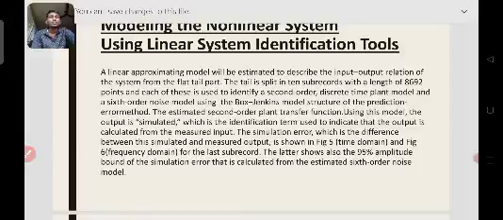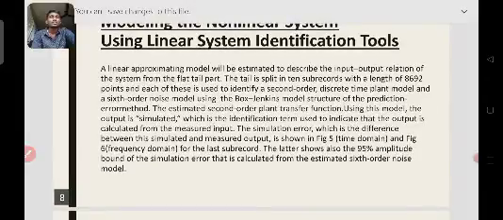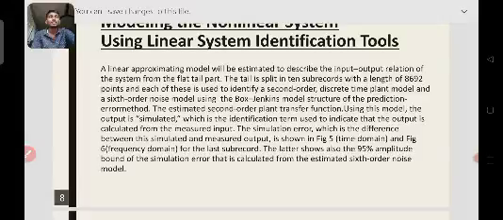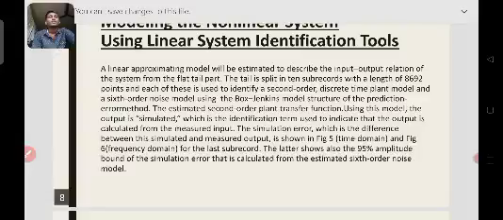The estimated second order plant transfer function. Using this model, the output is simulated, which is an identification term used to indicate that the output is calculated from the measured input. The simulation error, which is the difference between the measured and simulated output, is shown in figure 5, which is above, in the time domain, and the figure below is the frequency domain.